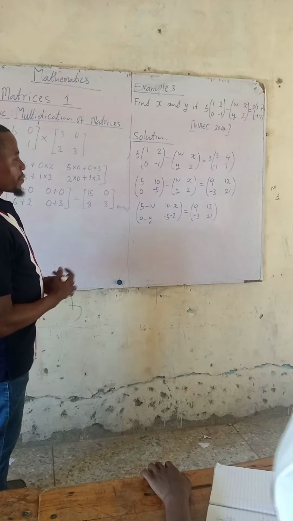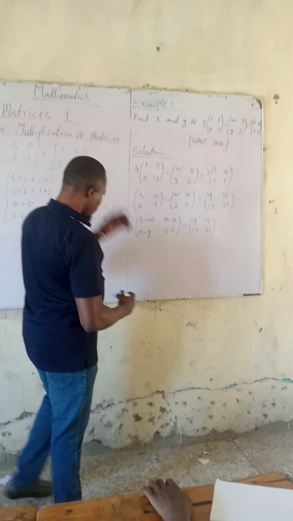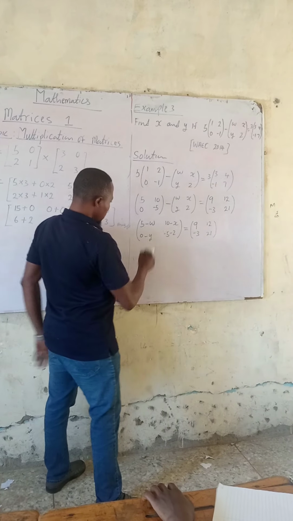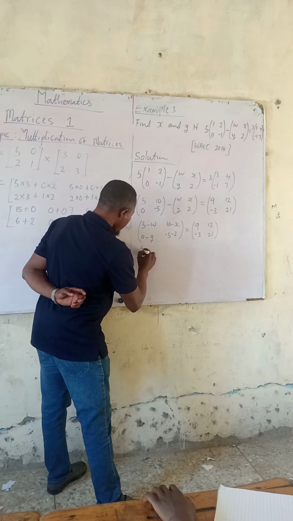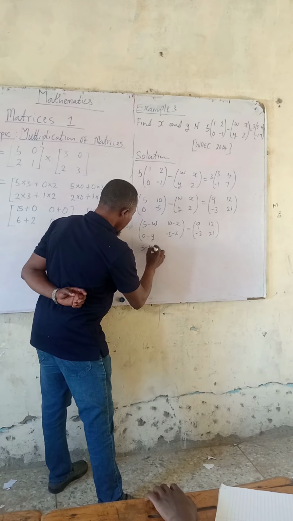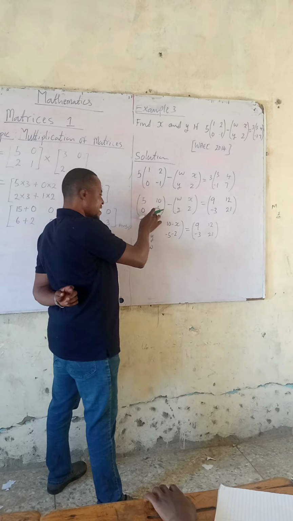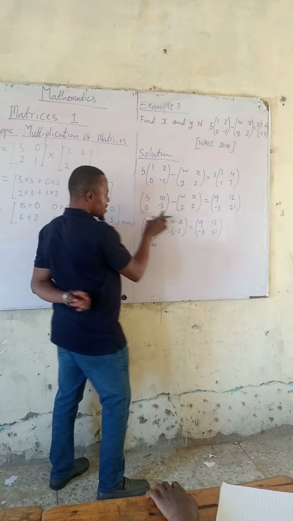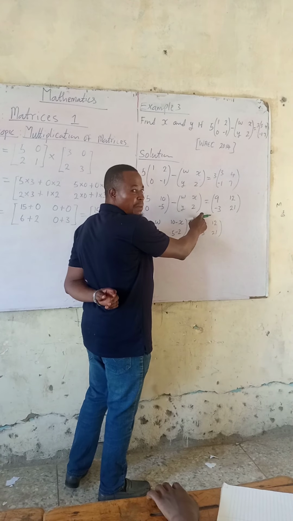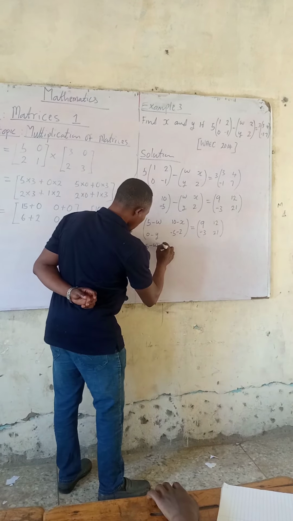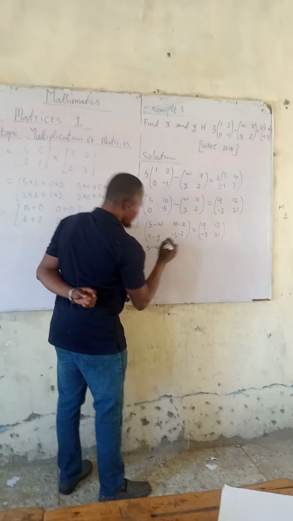So from there, we will remove the bracket. It will now give us 5 minus W. Then that is the first element in this matrix, and this 9 is also the first element in this matrix.